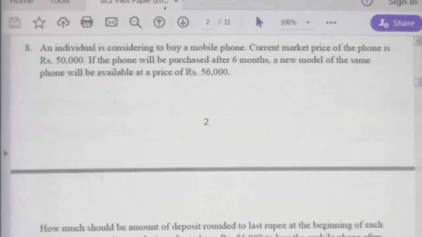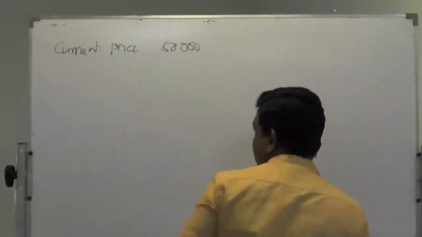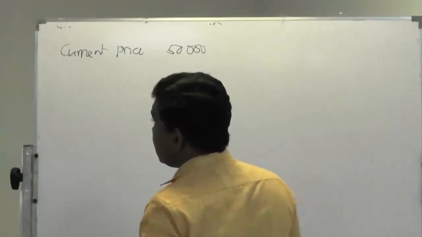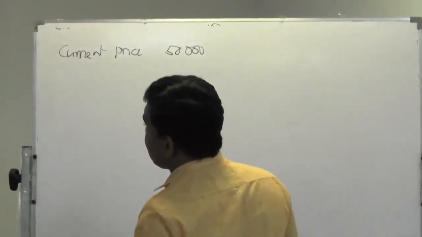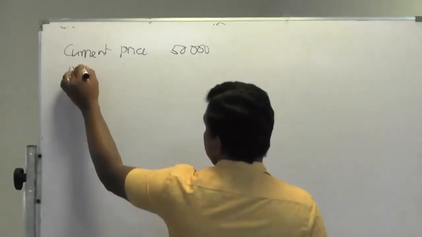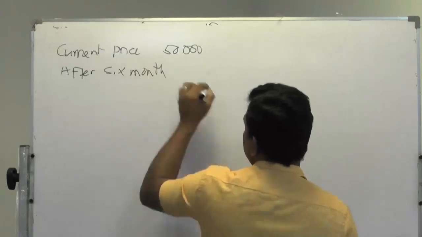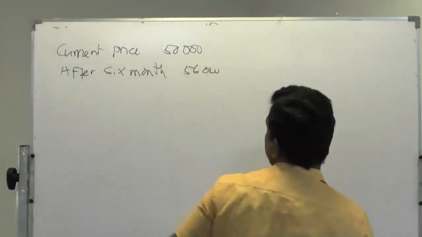Now I will take the whiteboard to summarize the question, right? The market price, the current price of the phone, 50,000, today's price, right? If the phone is purchased after 6 months, it is 56,000. After 6 months, price 56,000.